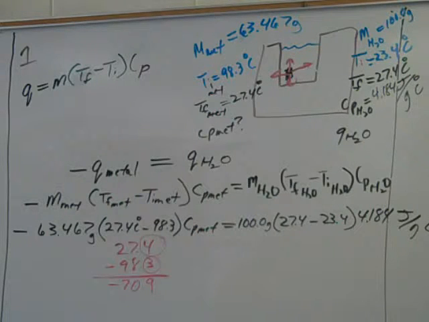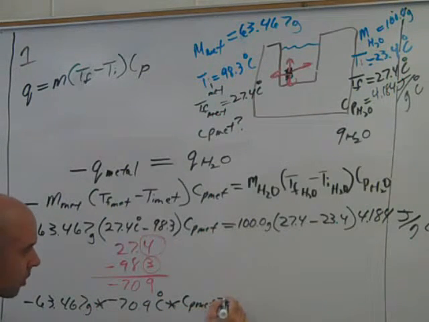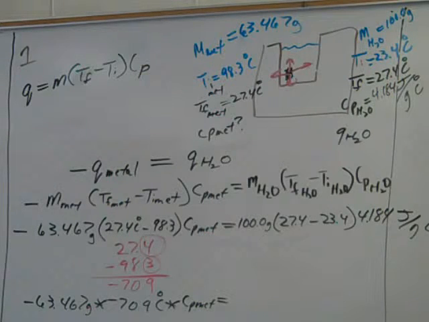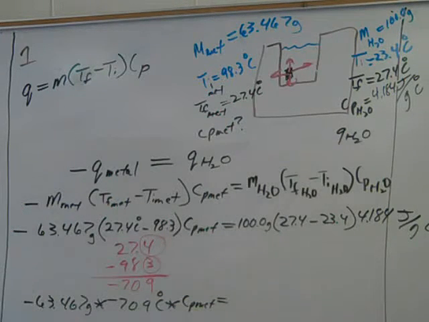So that means on the left side, we would have negative 63.467 grams times a negative 70.9 degrees Celsius times the specific heat of the metal. On this side, we do the subtraction as well.